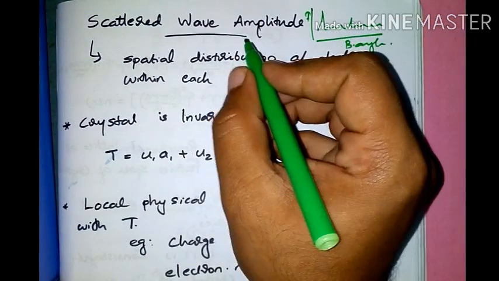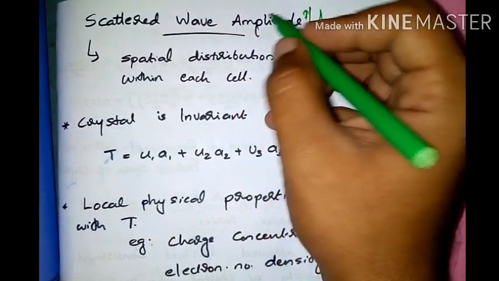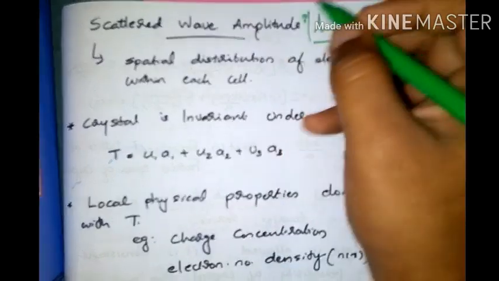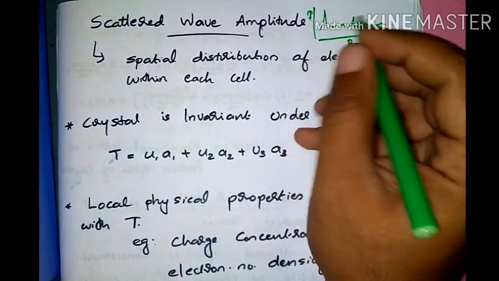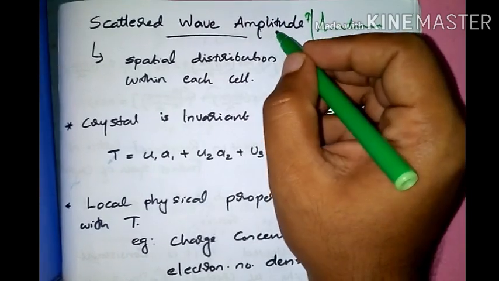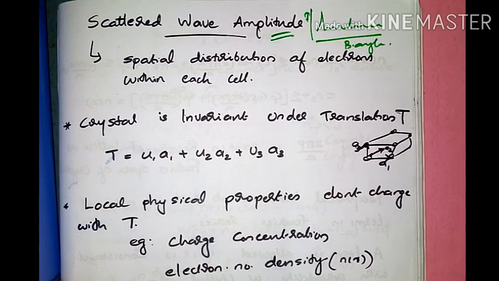Intensity and amplitude are related, so here we are trying to analyze the scattered wave amplitude using Fourier analysis.